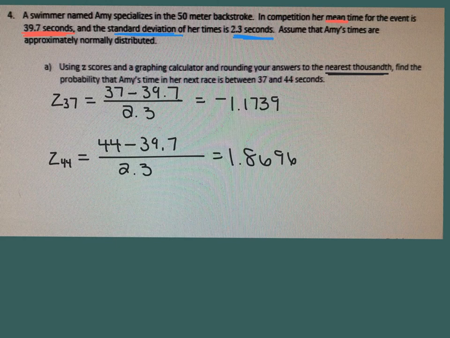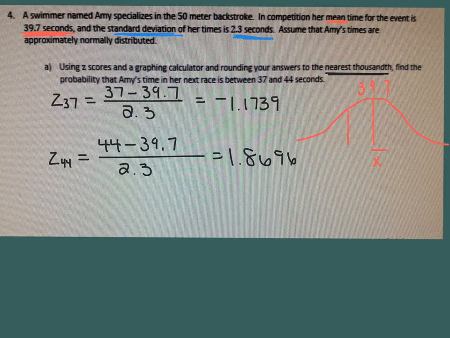Just to look at what this means, if we want to find the probability that her next race is between these times, visualize the normal distribution curve. Here's Amy's mean race time, 39.7.